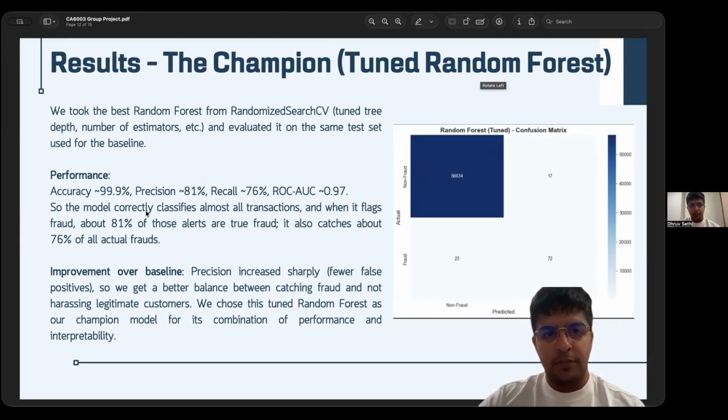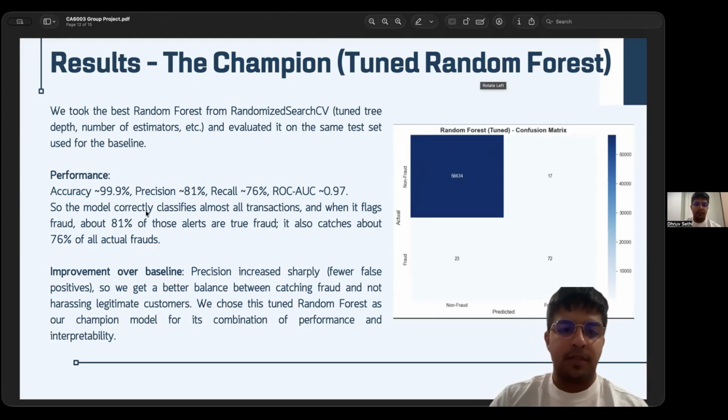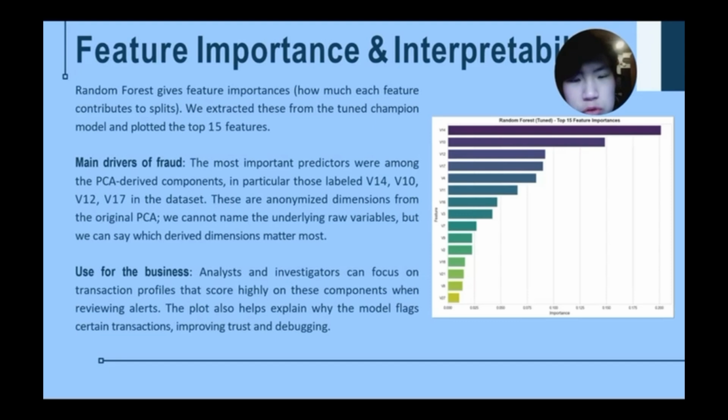We have fewer false positives in this case. The conclusion we have drawn over the random forest untuned versus tuned is that we get a better balance between catching fraud and false alarms. We chose the random forest as our main model, with the tuned version using randomized search CV. Now, I will briefly discuss feature importance and our final reflections.